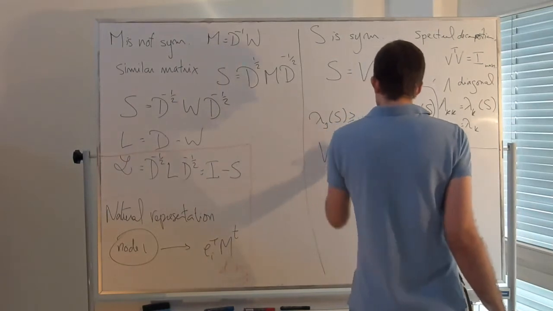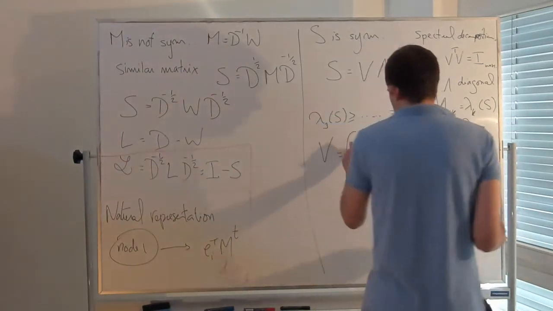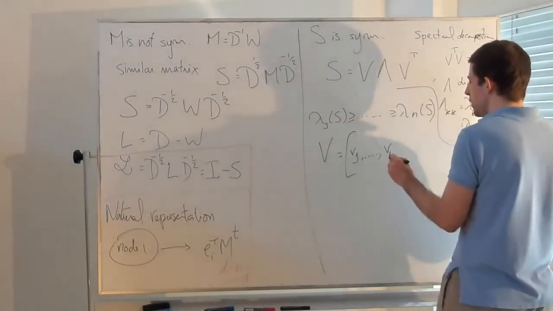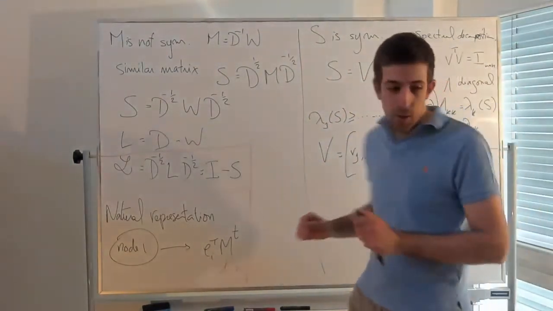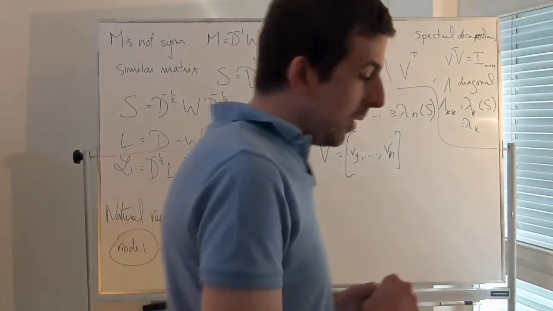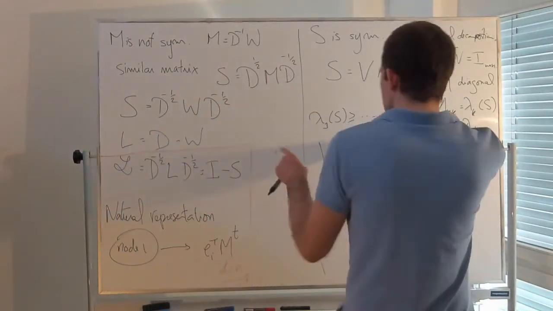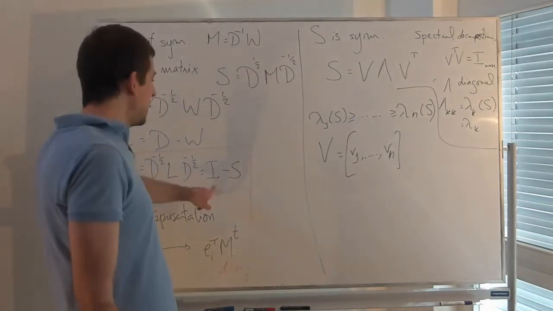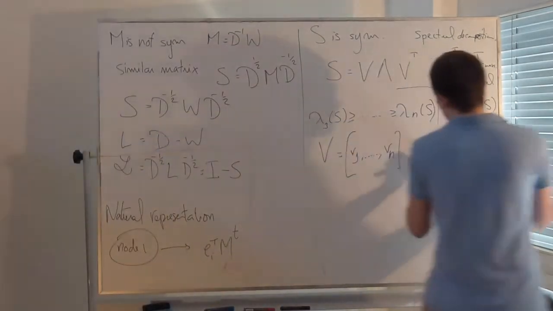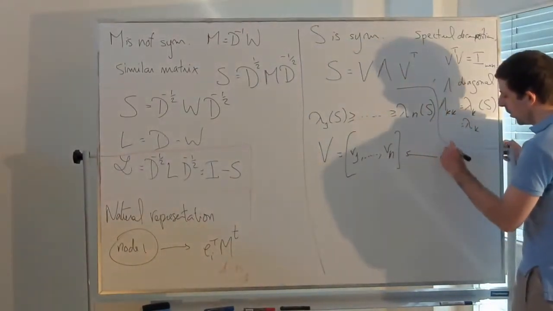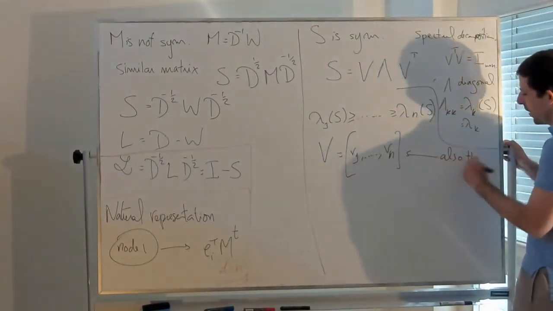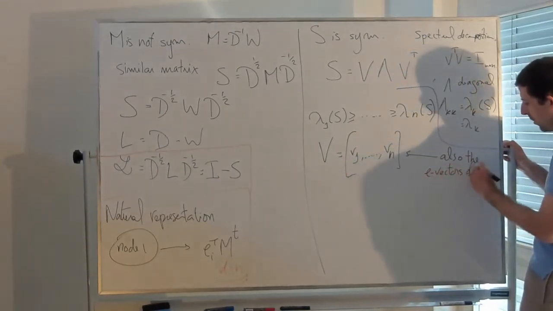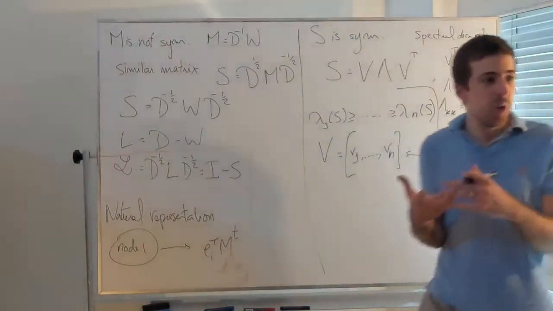So V is the matrix of eigenvectors. Let's actually write them: V1, ..., Vn. Now, because the normalized Laplacian is just identity minus this matrix, these are also the eigenvectors of the normalized Laplacian. Just order it the other way.